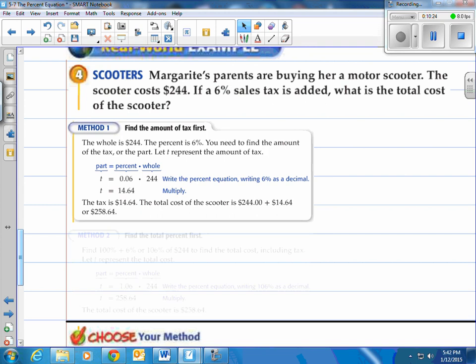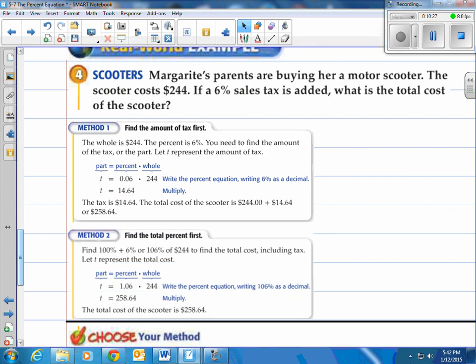Take a look at method number 2. It says find the total percent first. Instead of finding the actual cash value of the tax, find the total percent you're looking for. In this case, you're looking for 100% of the scooter and 6% tax. So you're taking the scooter and the tax and putting them together. That's 106%. Then all you have to do is calculate 106% of 244 to find the total cost.